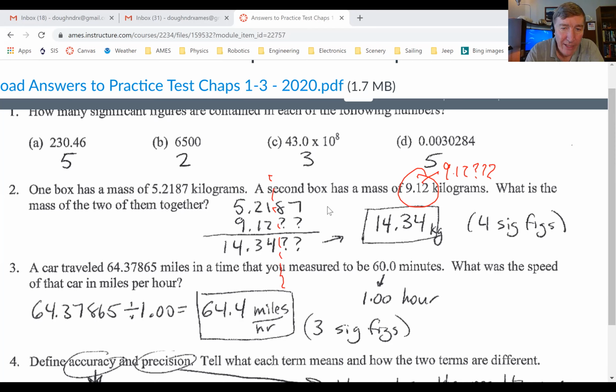Where that dotted line is, that is where I need to stop with my significant figures. You'll see that my final answer here, 14.34, has 4 sig figs in it, not 3. But that's okay, because that's the way the rule works here.